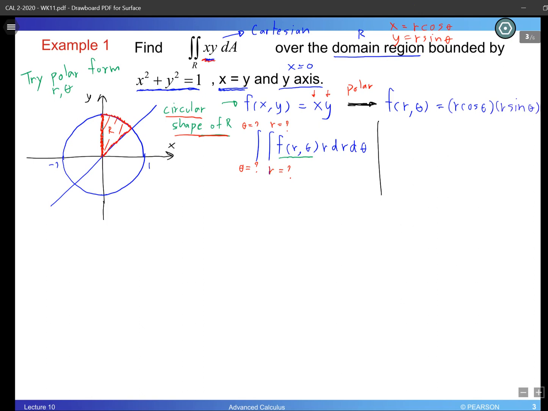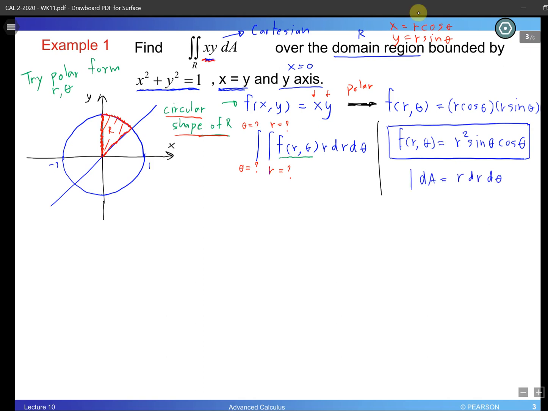Everything is now in terms of r and theta, and we can get this right here equal to r squared sine theta cosine theta, and that is the function in terms of r and theta, radius and the angle. So there you go. We have this function for our double integral in polar form. And of course, dA is equal to r dr d theta. We have talked about this in the last slide, so I'm not going to repeat that again.